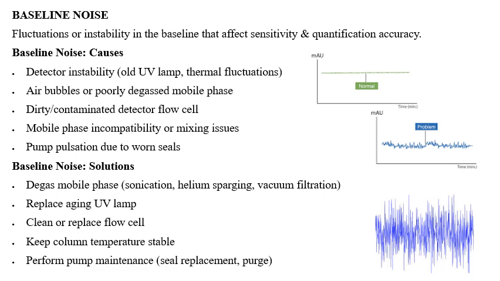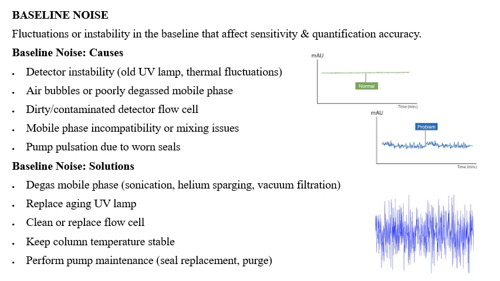The common causes are detector instability, as you might be using an old UV lamp. Thermal fluctuations, air bubbles or poorly degassed mobile phase, dirty or contaminated detector flow cells, mobile phase incompatibility or mixing issues, and pump pulsation due to worn seals. These are some of the reasons for the baseline noise problem.